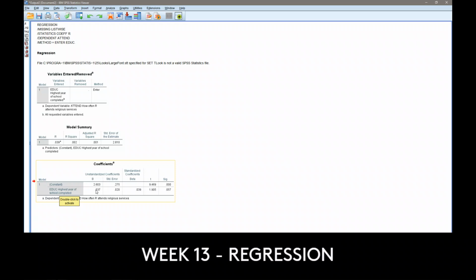The B coefficient is 0.037. What we can deduce from this coefficient is that it's positive, so that means that changes in education are associated with increases in religious attendance because it's positive.